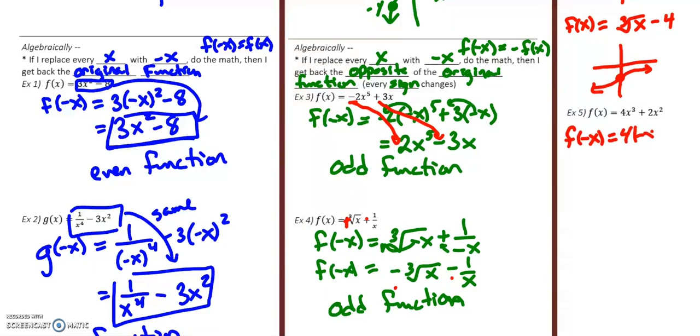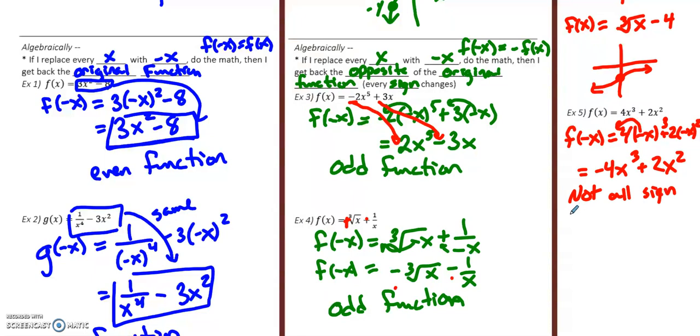So that's going to be 4 times negative x to the third plus 2 times negative x squared. In the first case, this negative comes out, so this is negative 4x to the third. But in the second case, the negative goes away, so that's plus 2x squared. So not all the signs changed, and not all of them stayed the same.